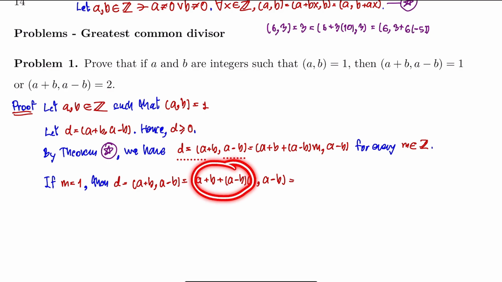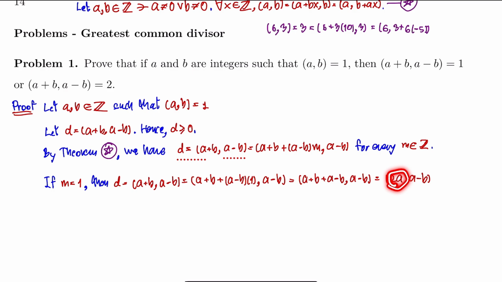For this term, we have a plus b plus a minus b, and a minus b. So b minus b will be cancelled. What we have left is a plus a, which is 2a, and a minus b. It looks better, right? So right now, one of the terms, instead of a plus b, becomes 2a. Now I want to have 2b.